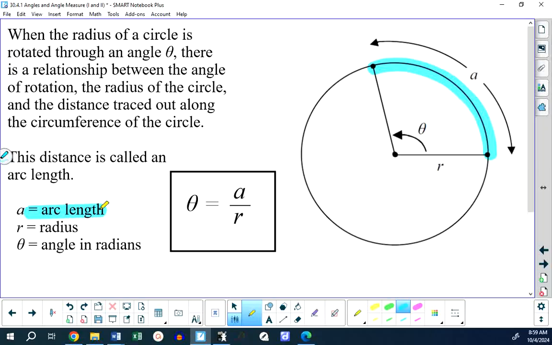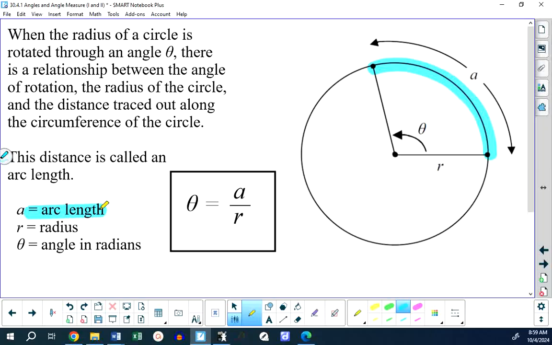So if you take the number of radii that the arc length is and divide by the radius, you'll get how many radians there are. If you're interested in where that comes from. Now later on when you try to rethink that, it may not make sense to you. But I just wanted to give it to you briefly.